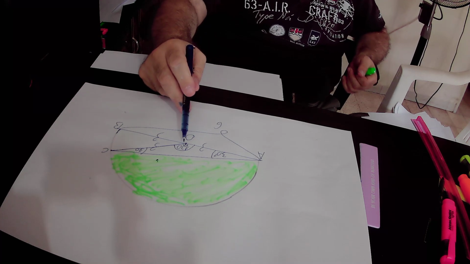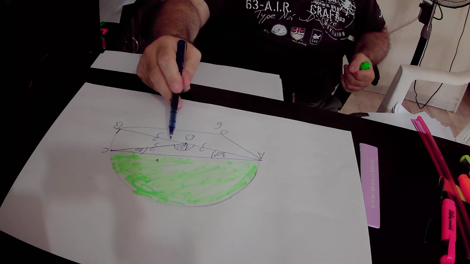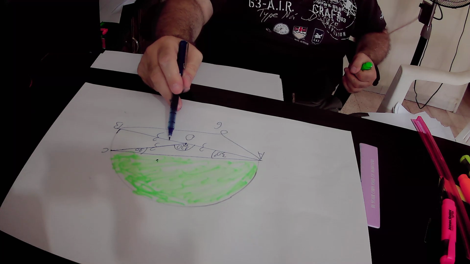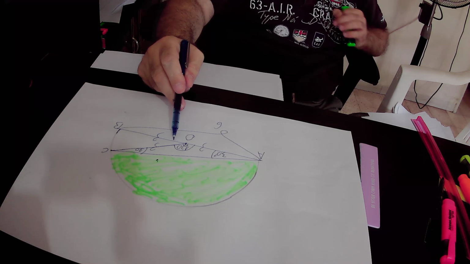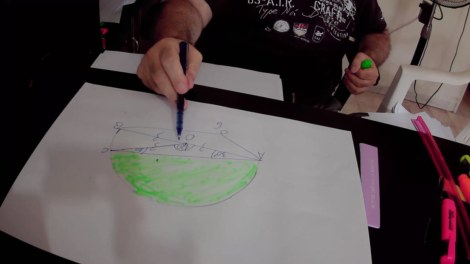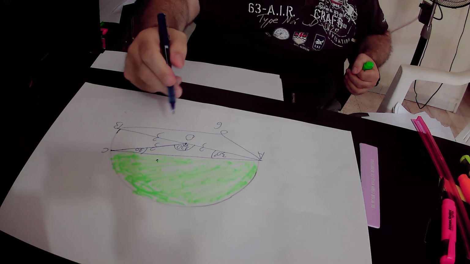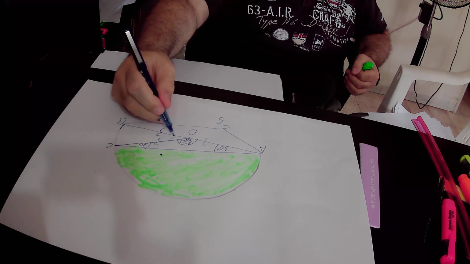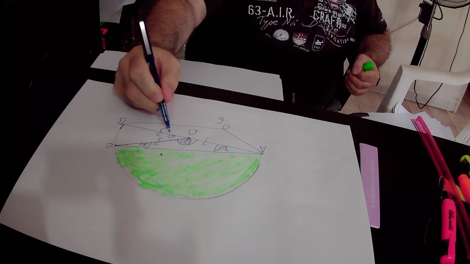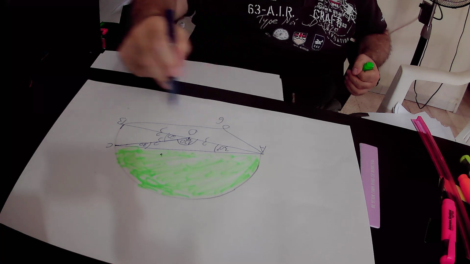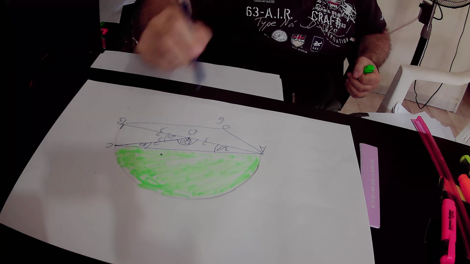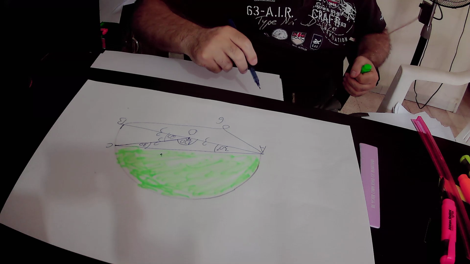We have this angle that is equal to 120 degrees plus the missing angle. In total, they must be equal to 180 degrees according to the rule that I mentioned. So 120 degrees plus the missing angle must be equal to 180 degrees. So the missing angle must be equal to 60 degrees.